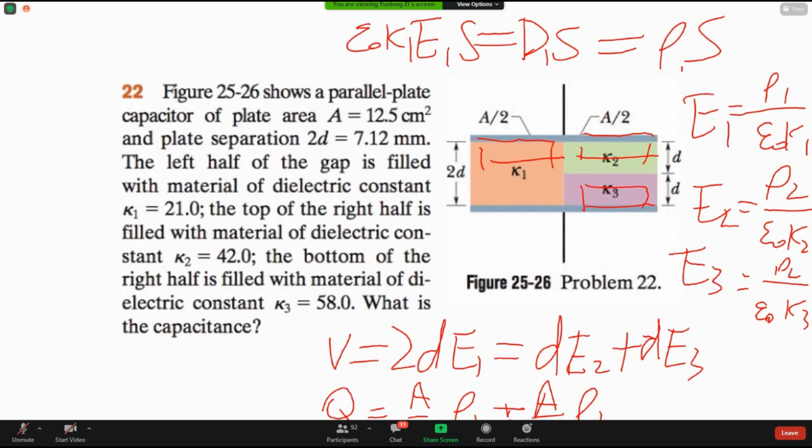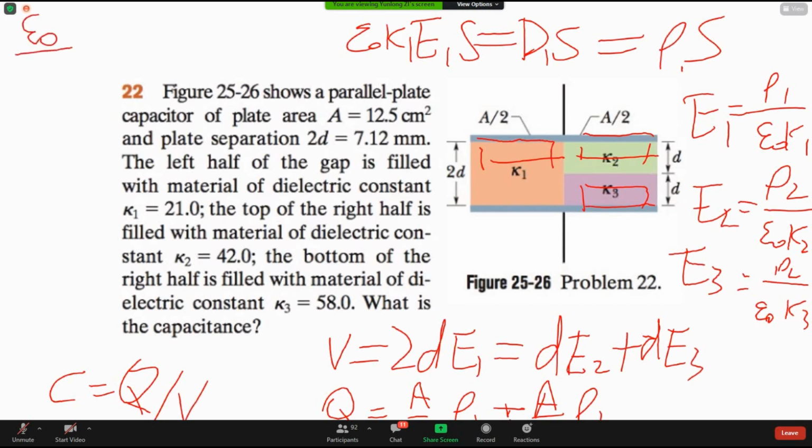And then C equals Q over V. You can do the derivation by yourself. The derivation steps are quite complicated, so I won't do it here, but I can give you the final answer.